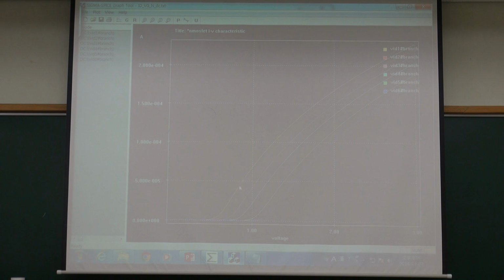I just draw a straight line here, and then I find this one is just VTH plus 0.5 times VDS. Okay, VDS is 0.1 volt here. All right. So I can find the threshold voltage here. So this should be VTO.